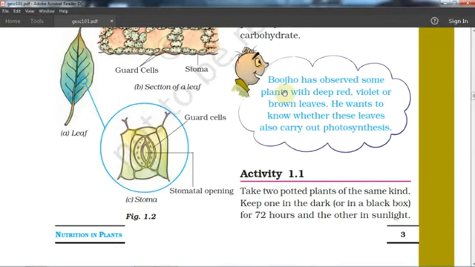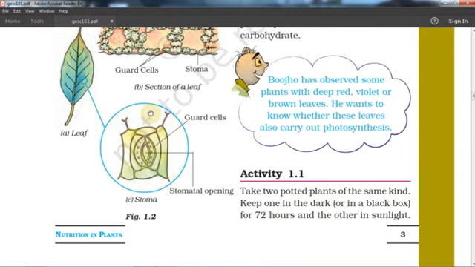Good morning, students. In the last video, we have studied about nutrition and various kinds of nutrients which are produced by the plants, and we have divided the living organisms according to their mode of nutrition.